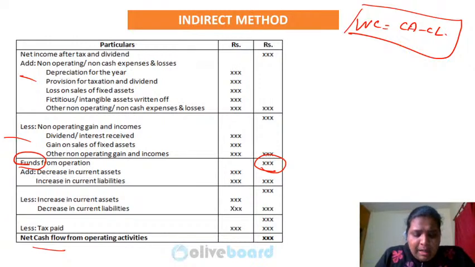Say for example, I have a land, a house, two buildings, three lands, all those things.